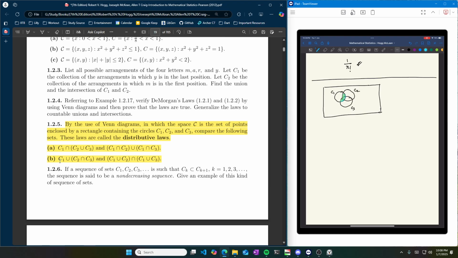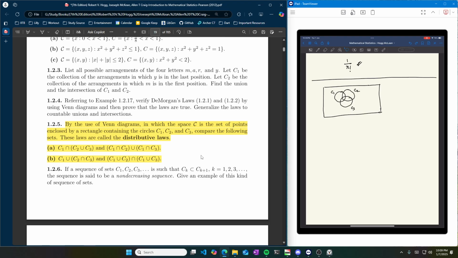All right. Let us draw again on top of this only. I just don't want to draw another. Okay, looking at the second one, C1 union C2 intersection C3. Let's find out what C2 intersection C3 is.